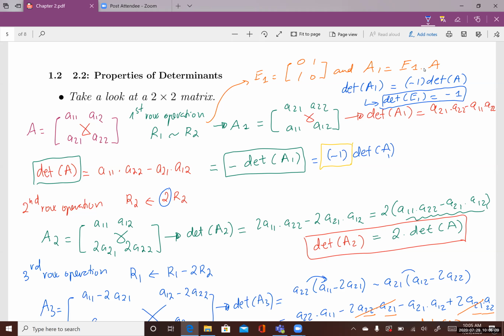This is one thing that we can find from this example. So the determinant of an elementary matrix of the first row operation is always -1.